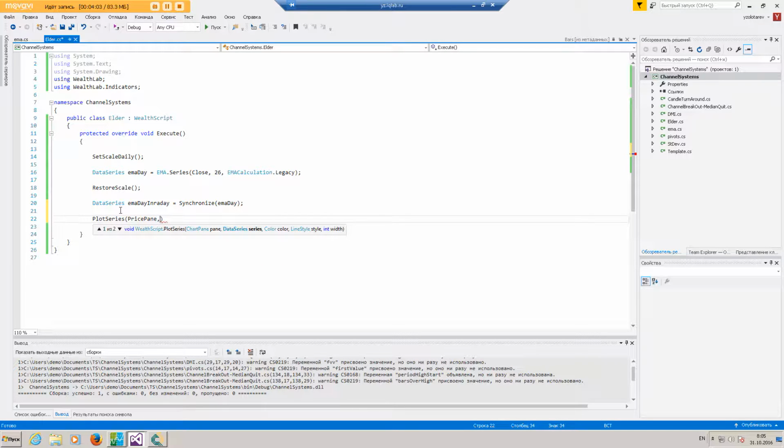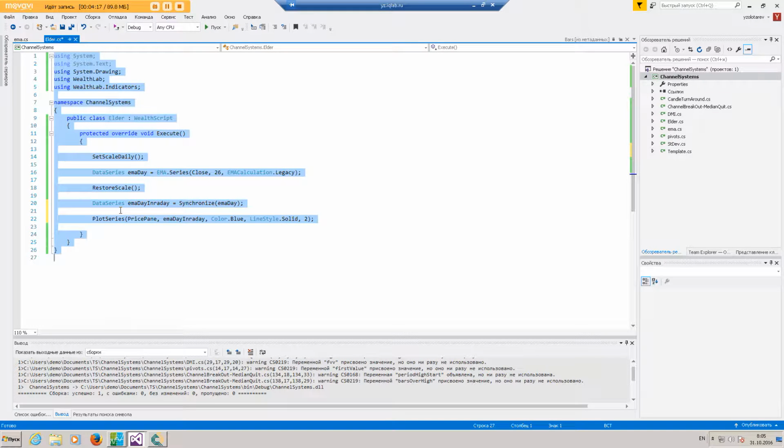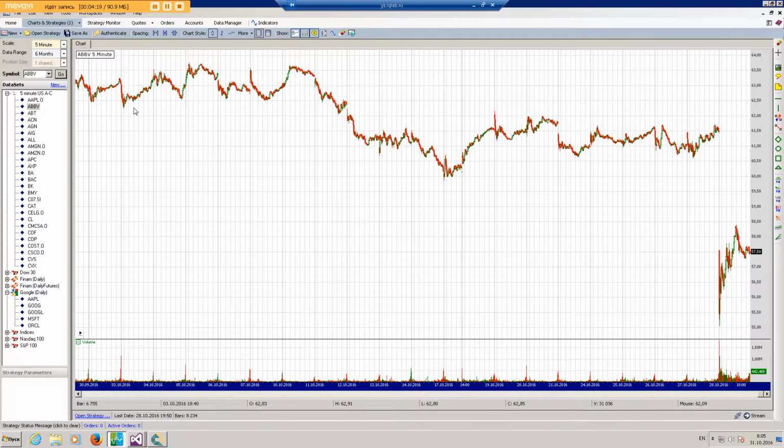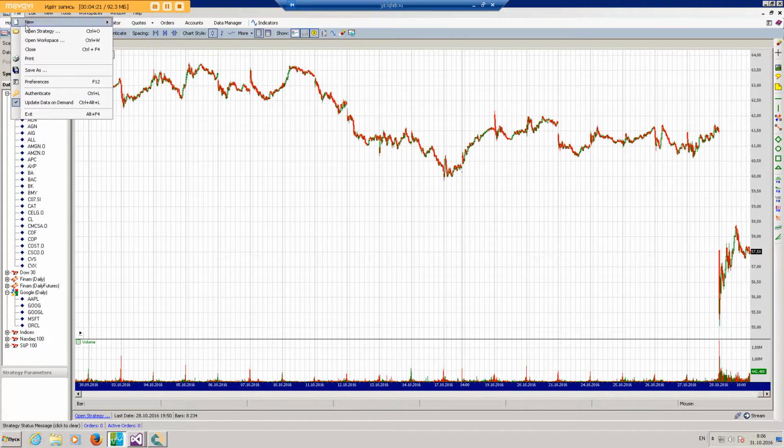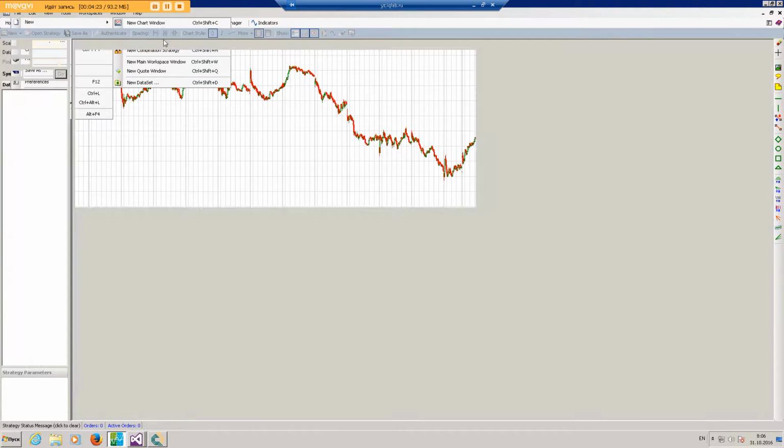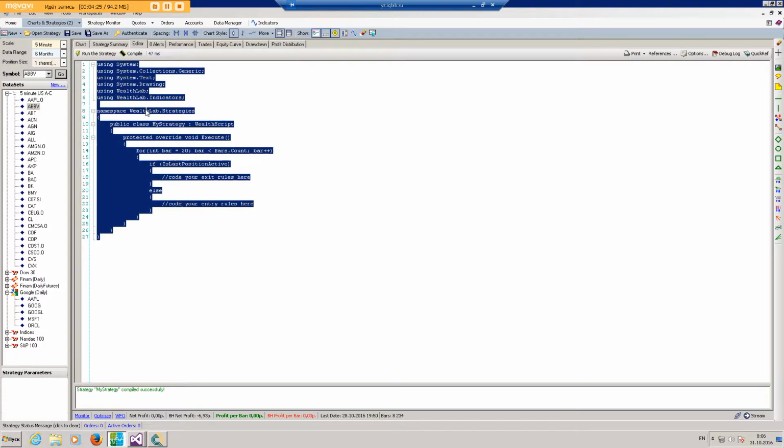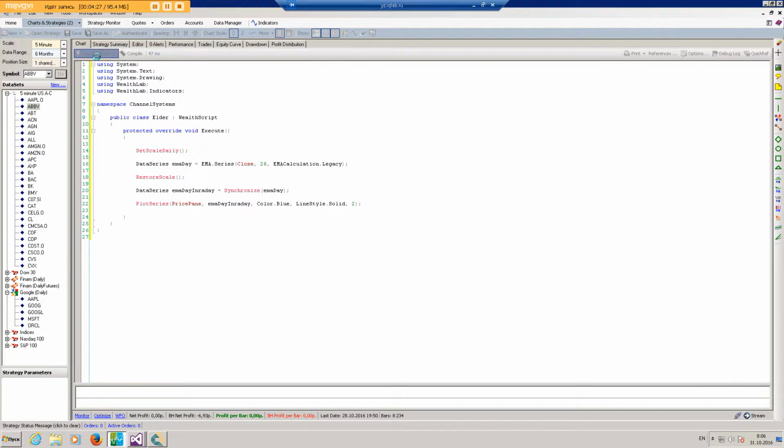Data series, plotting EMA day intraday, color blue, line style solid 2. I might want to shift the EMA. Now let's just check where this will take us. Okay, compile, run.